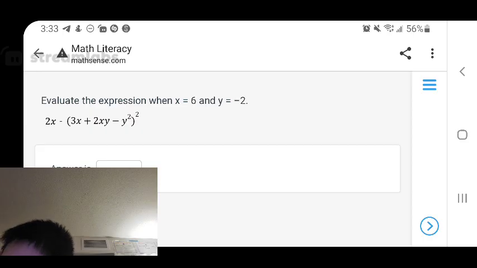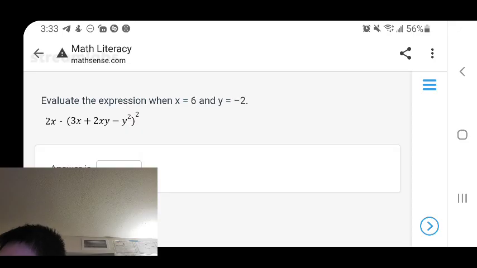And then you cube the whole thing. Alright, let's do it here. Yep, 2x, that's 12. 3x is 18 plus 12. Negative 24. I just want the expression.